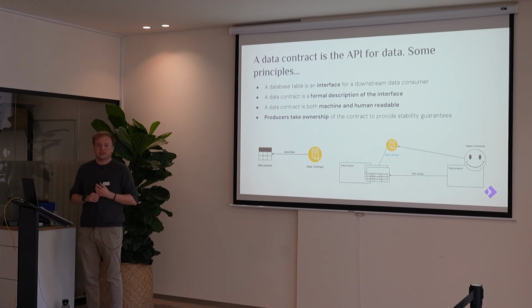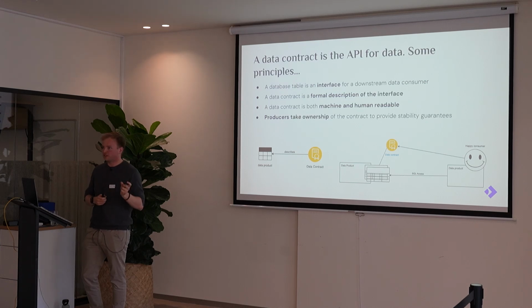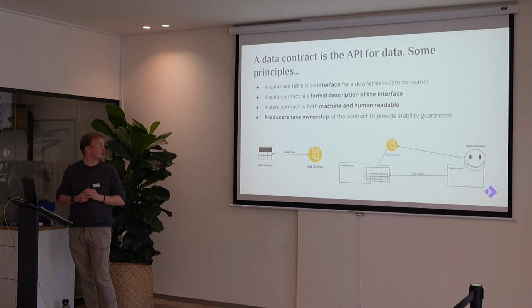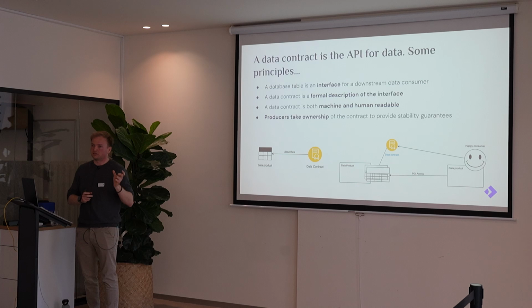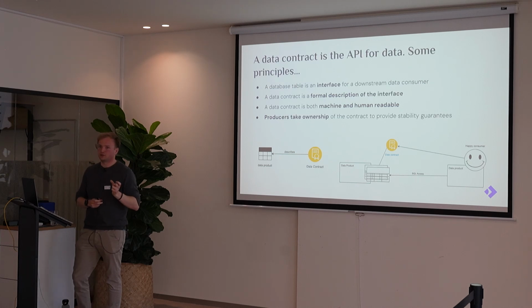A data contract is like a formal specification of that table. So that is what we need to protect, that is what we need to describe. That interface, just like the OpenAPI specification, is both human readable as well as machine readable. And finally, the producers of that table, they need to take ownership. They need to make sure that they provide the stability guarantees.